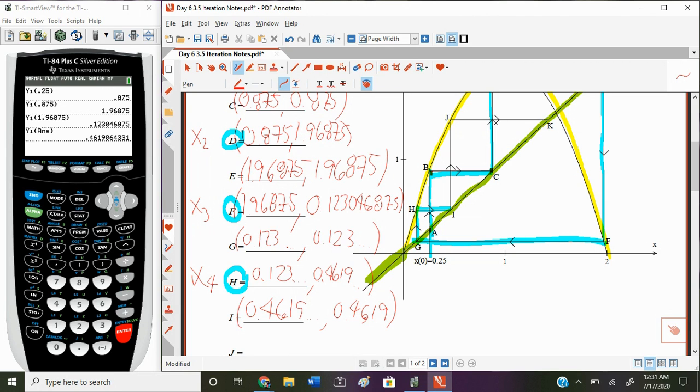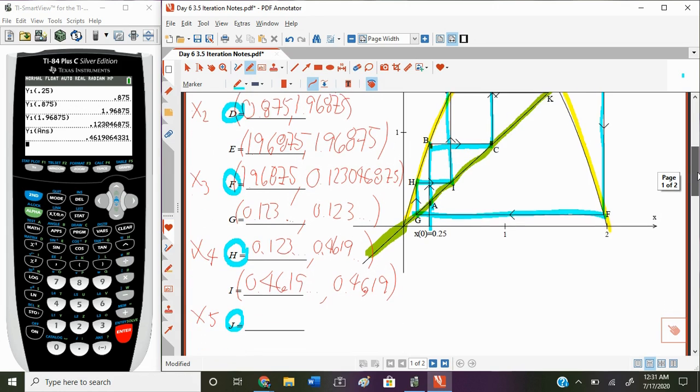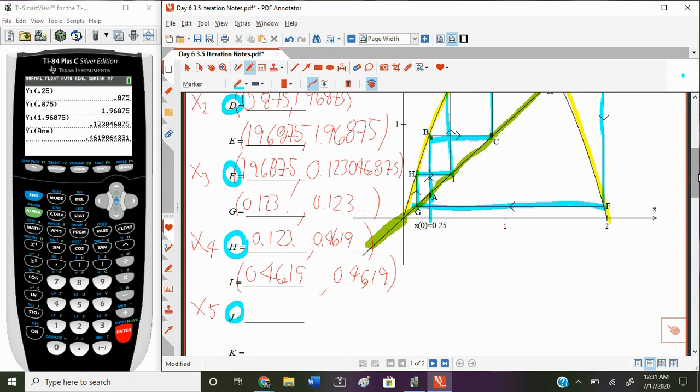All right, and then moving on to my fifth iterate, we'll call this x sub 5. We're going to do our circling, because now we know this is my fifth iterate, and I should also highlight on my graph to show that that point J really is on the parabola. All right, so here's another way to do it. We're going to take second and entry.